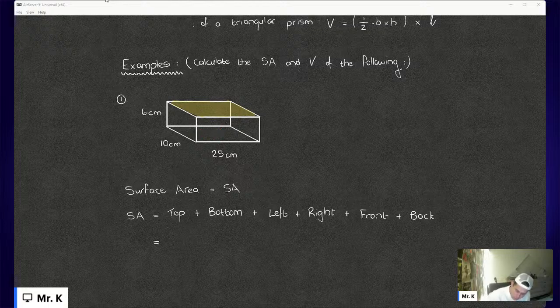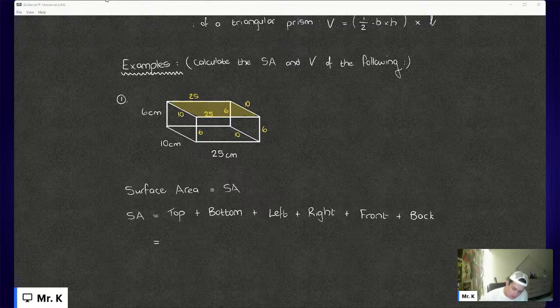And if you guys want, you can go ahead and add in all of the missing measurements if you feel a need to do so. If it helps you, you're more than welcome to do it, right? I know that all the tall sides are going to be 6 and all of the longer sides are 25. So it becomes a little bit tricky only because there's only so much space on these shapes, especially when they're printed out in an exam setting.